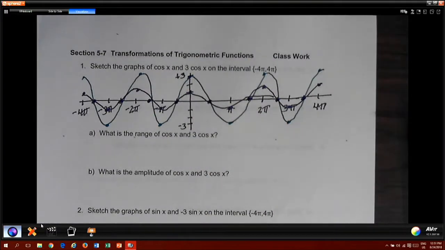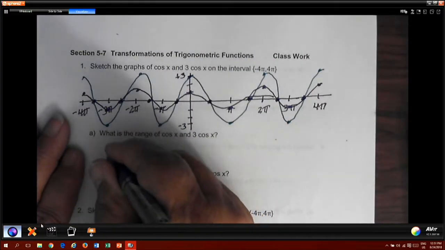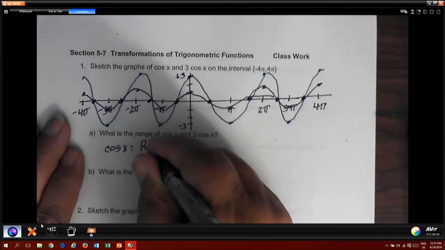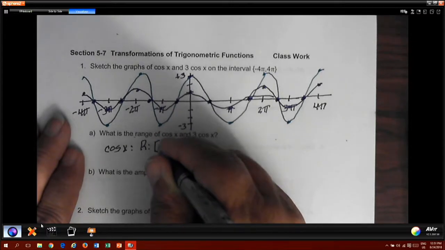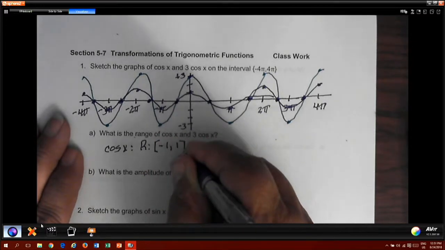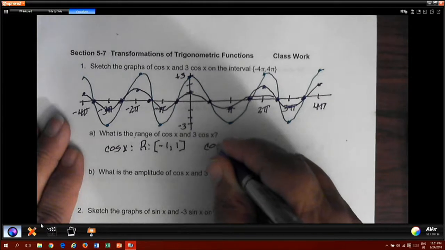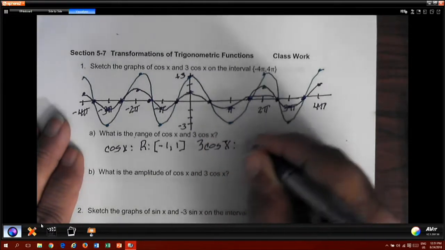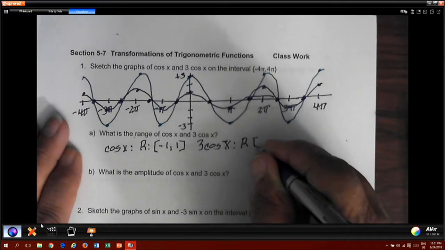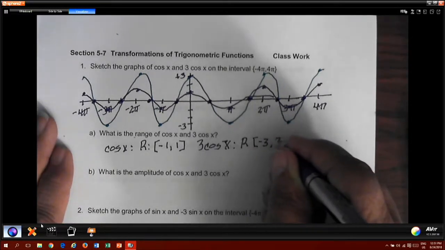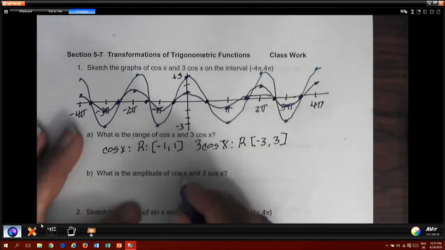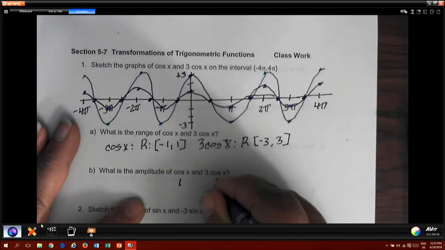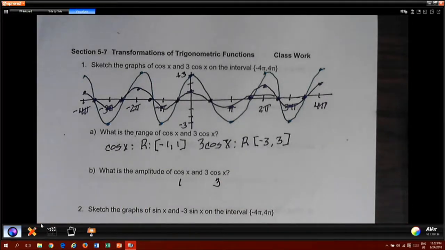So the range of cosine of x is from negative 1 to 1. And for 3 cosine of x, the range is negative 3 to 3. The amplitude of cosine is 1. The amplitude of 3 cosine is 3.